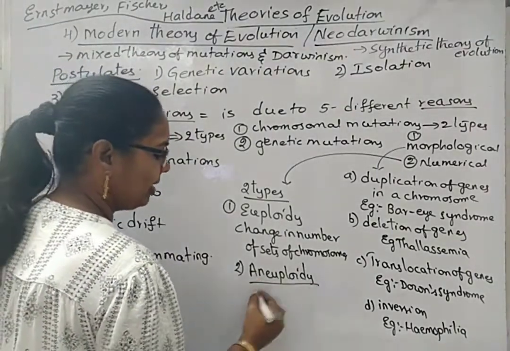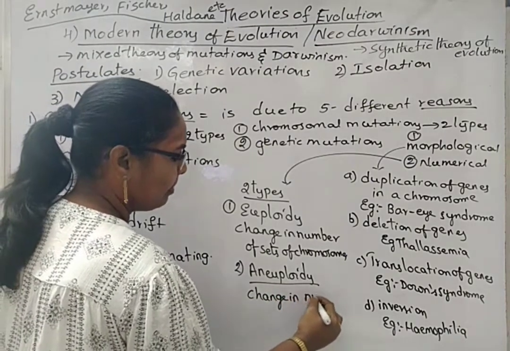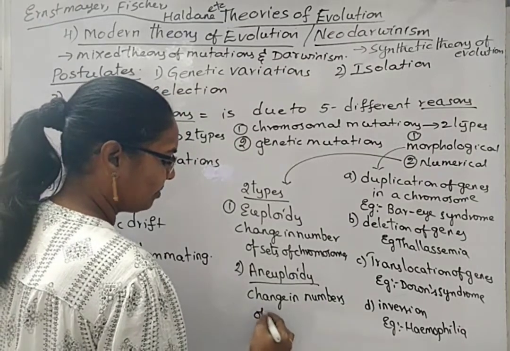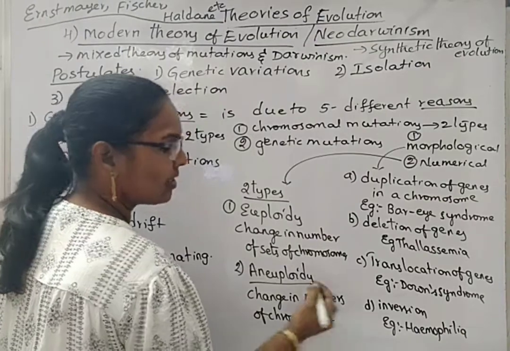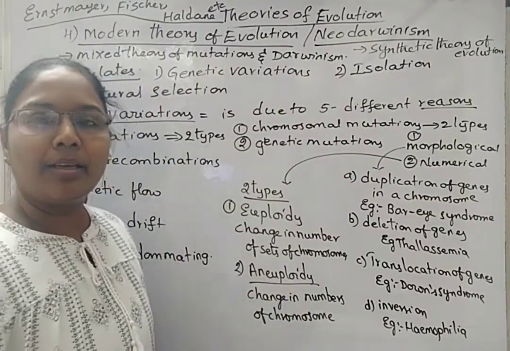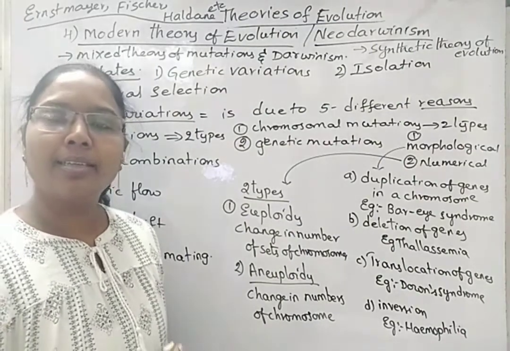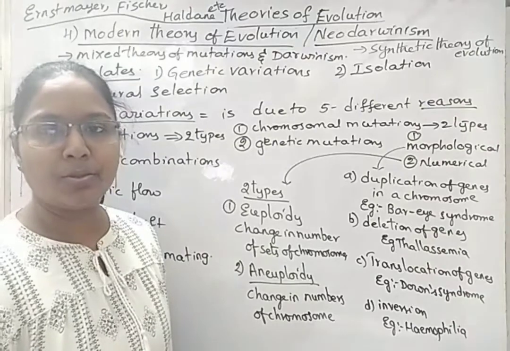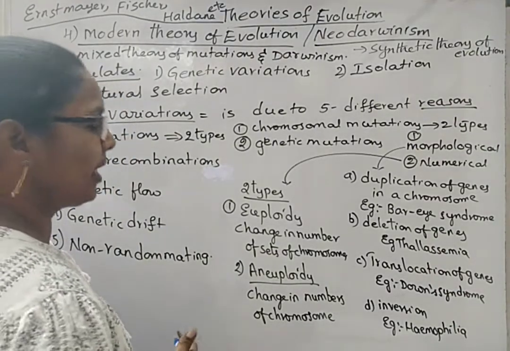So aneuploidy is a change in the number of chromosomes, not in the sets of chromosomes. Here we can take many examples like trisomy and monosomy conditions. The syndromes will be Turner's syndrome, Down's syndrome, Klinefelter's syndrome, etc. Those can be explained under numerical mutations.